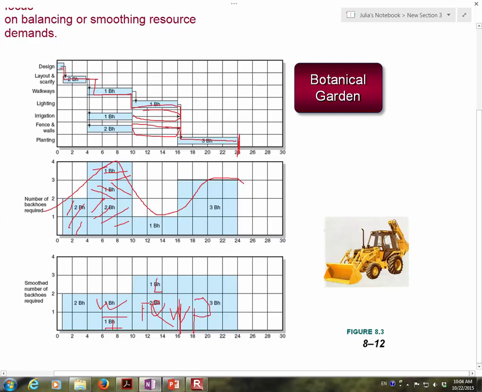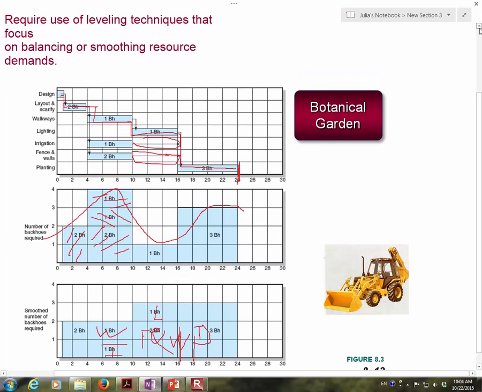It needs 3 backhoes. All right, so now if we delay the start of fence and walls by using the positive slack, we will have a better resource demand. We have 2, 2 in the first 10 days, and then we have 3, 3 until day 24. Okay, so this is a good result.